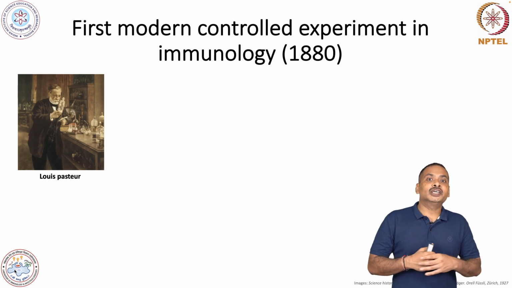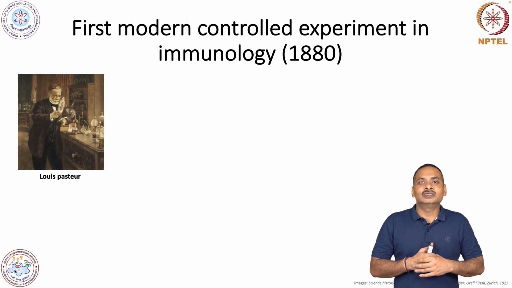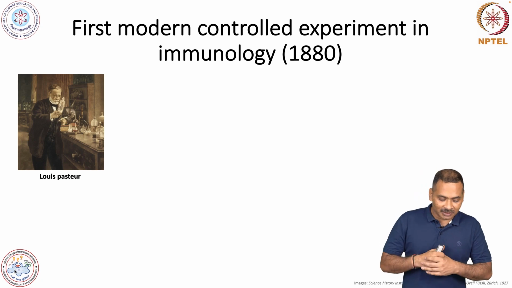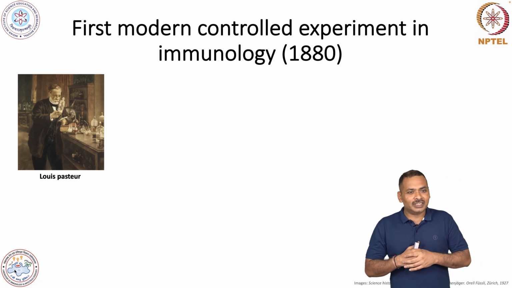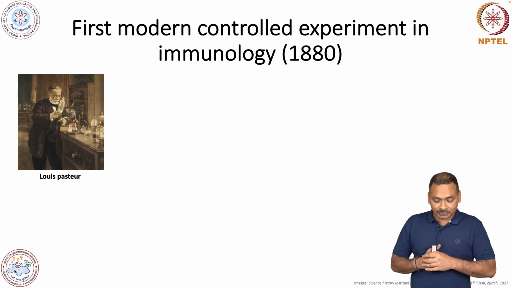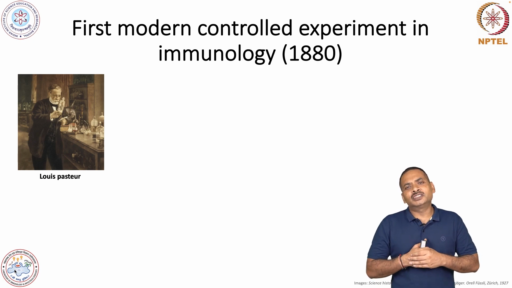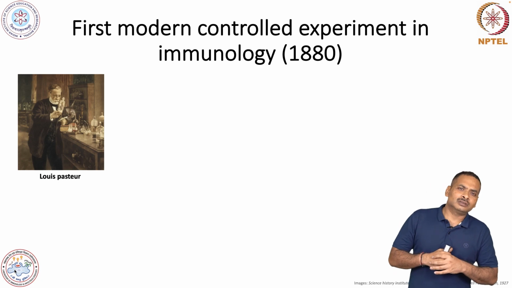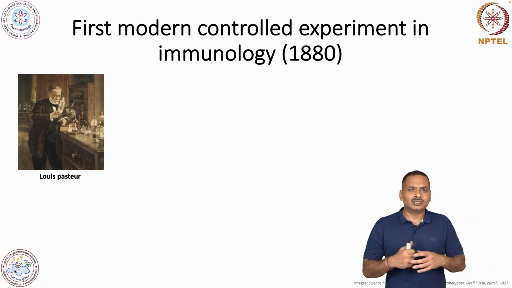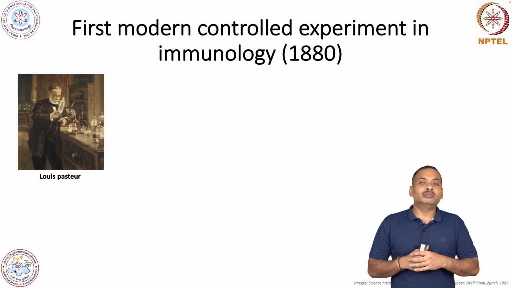1880s by Louis Pasteur. You know Louis Pasteur, you may remember he did various kinds of work, and he made one very interesting observation. He was working with chicken, and he used one bacterium which causes diarrhea in chicken, that is chicken cholera bacillus.